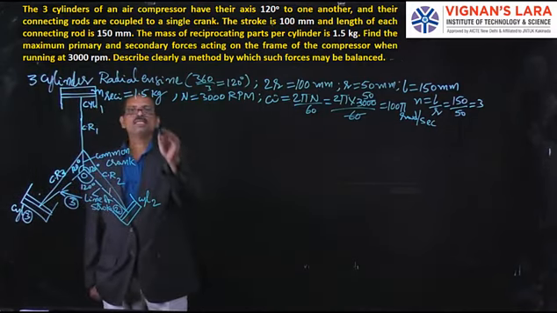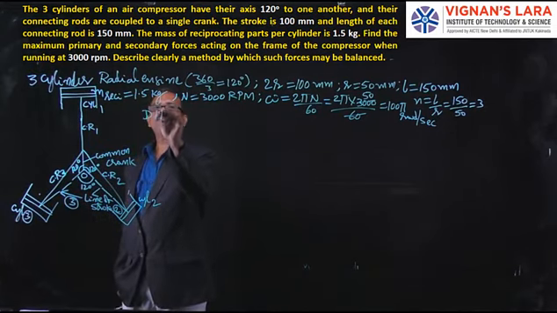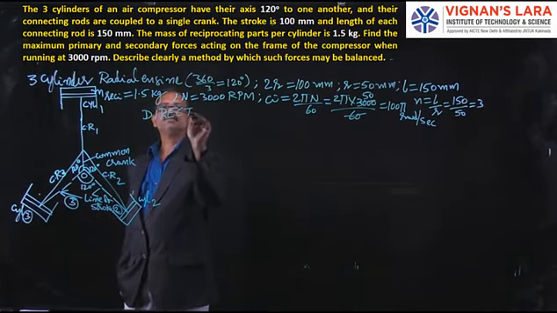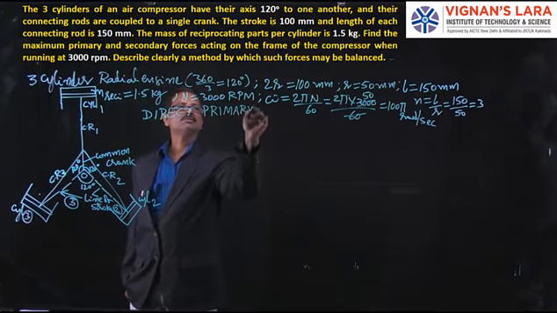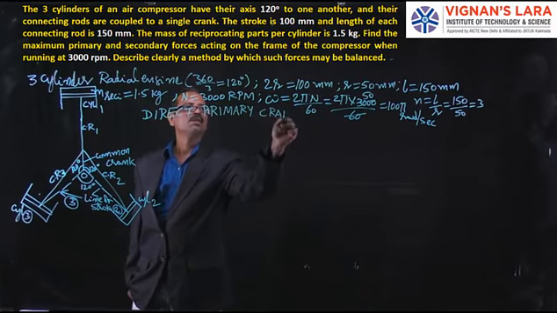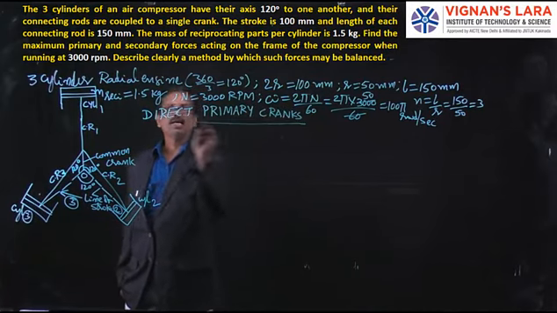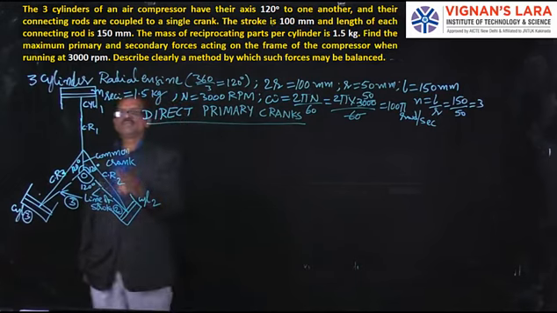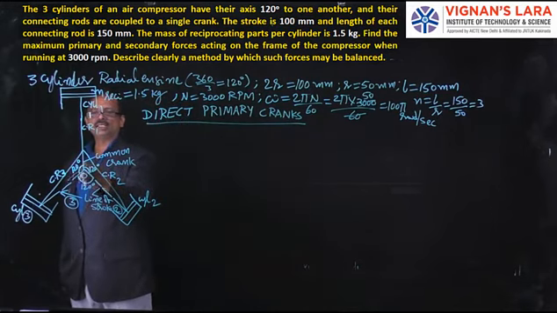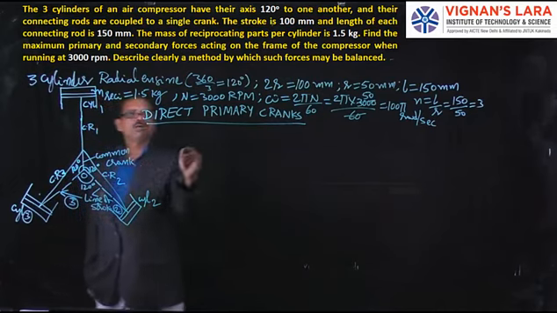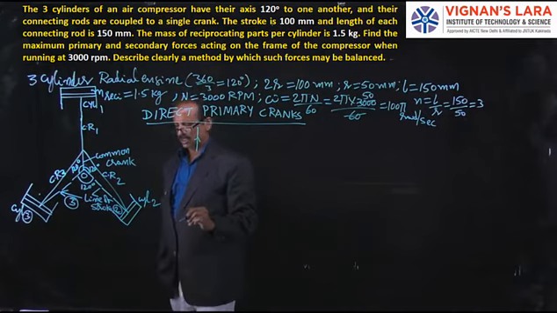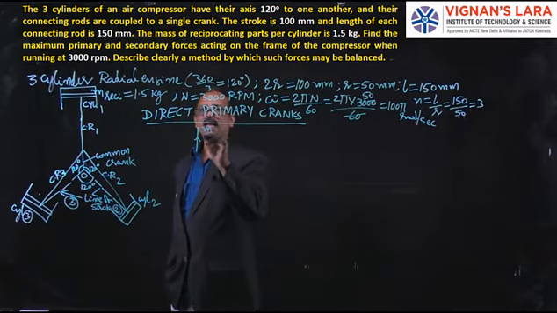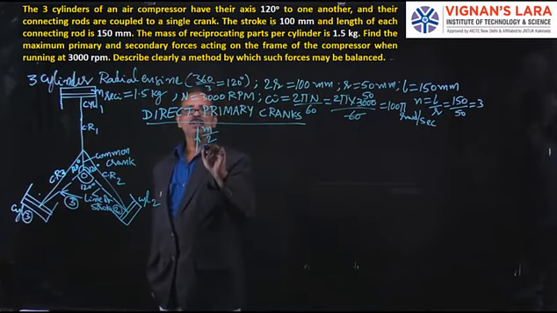Okay, first draw the direct primary cranks diagram. With reference to cylinder 1, let me take the crank at theta 0. This is the direct crank with mass m by 2, for cylinder 1.